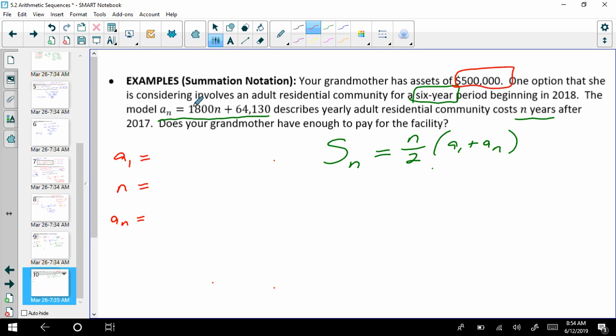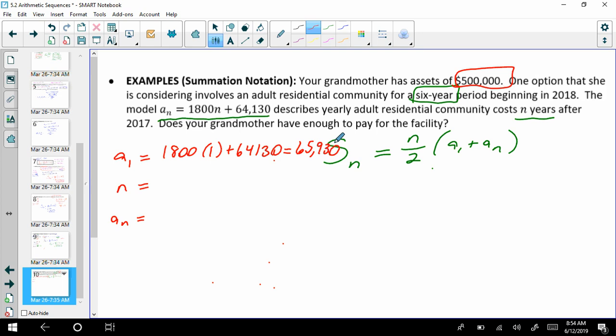Well, we have to plug 1 in for n. So if we do that simplifying, we have 65,930. That's my starting amount.